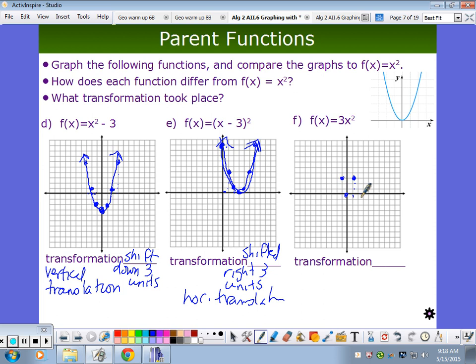When you're at 2, 2 squared is 4 times 3. We're already off the graph. So we're getting a much skinnier one, whoops, a little trouble here with my slate today. But you get a much skinnier one compared to y equals x squared. So this one, it's a dilation, it's a stretch. We're stretching it by a factor of 3.